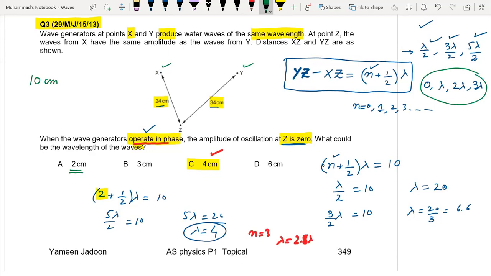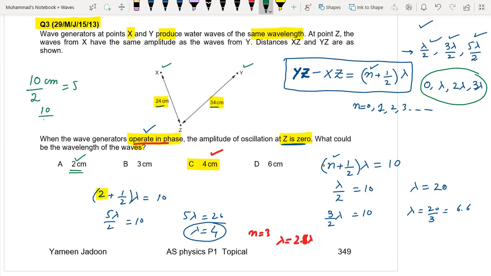In other words, if you divide this path difference by the wavelength, you should not get a whole number. If I divide the path difference by 2, I will get 5. If I am getting a whole number, then this must be the condition of constructive interference. So that's why this is wrong.